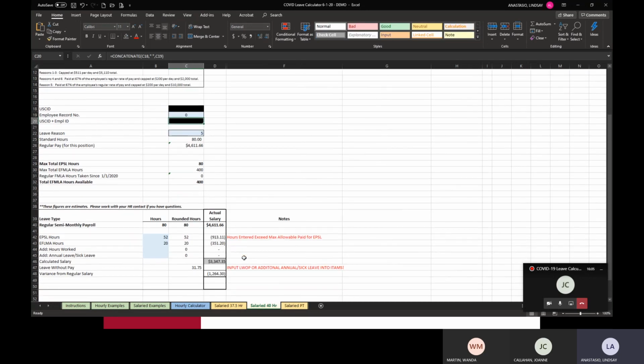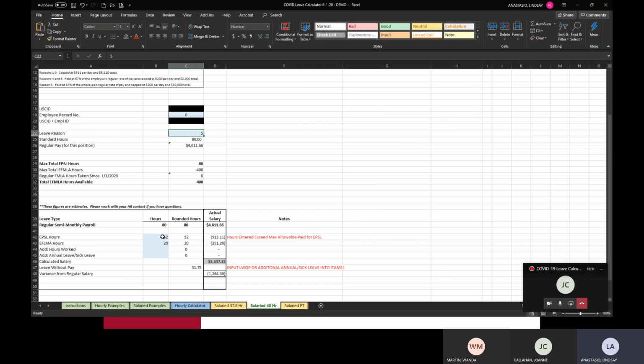This is an example of a salaried 40-hour employee. We can do this one. I did it at reason number 5 as well. Put in EPSL. As you can see, based on this employee's rate of pay, it has exceeded the $2,000 limit.